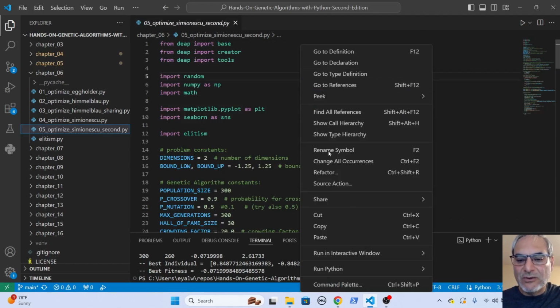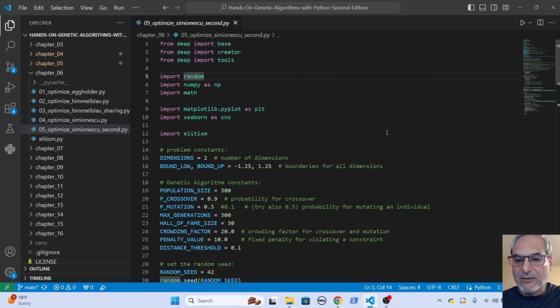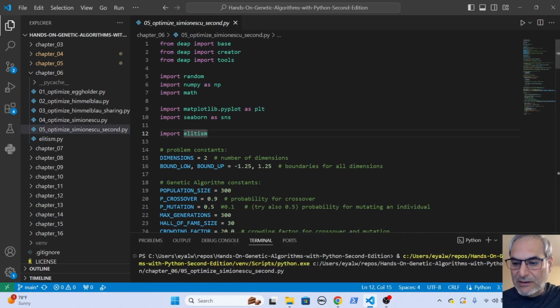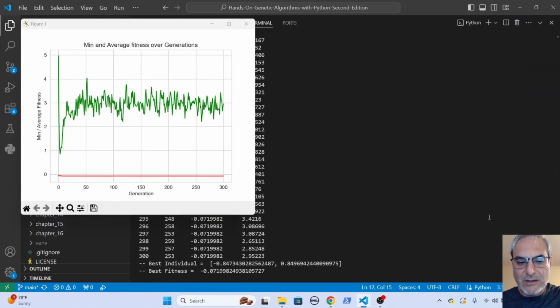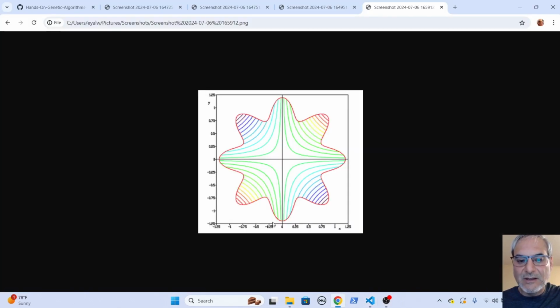So if we run this program now, we should be able to find the second solution, which you can see is minus 0.808, which is this.